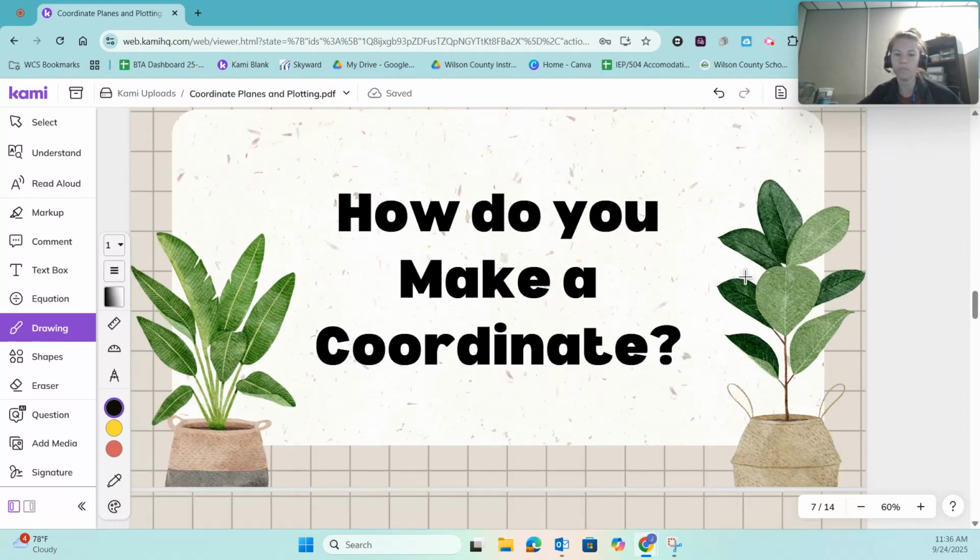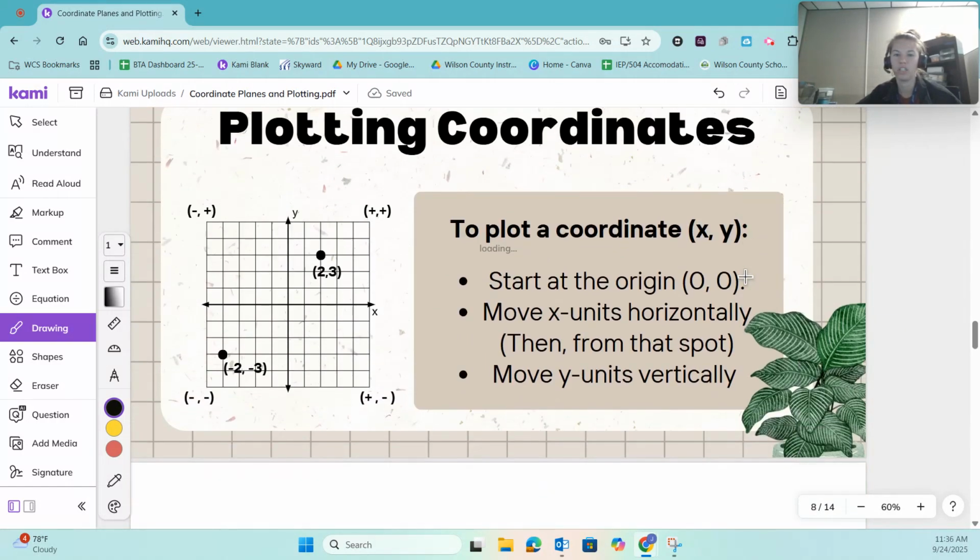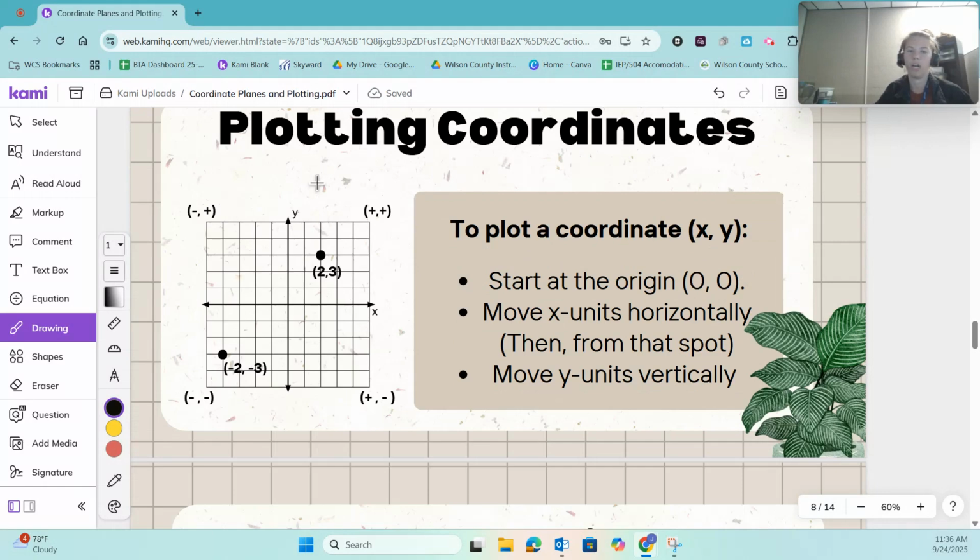Now how do we make a coordinate? In our quadrants that we just talked about, quadrant 1 has positive numbers. What that means is my x-axis is labeled with the 0 here in the middle, and then we have our positive numbers 1, 2, 3, 4, and 5 on the right-hand side, just like a number line.